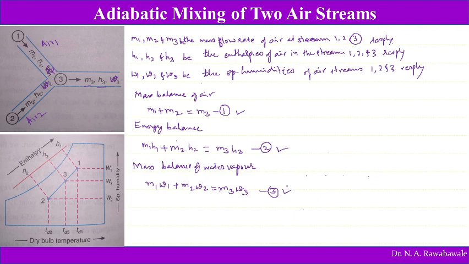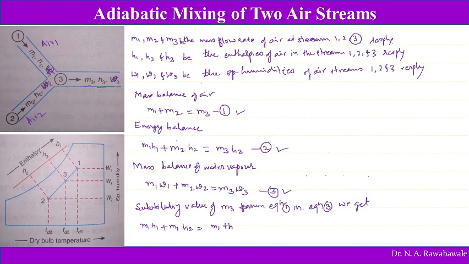Now from equations 1 and 2, substituting the value of m3 from equation 1 in equation 2, we get m1 h1 plus m2 h2 is equal to m1 plus m2 into h3.